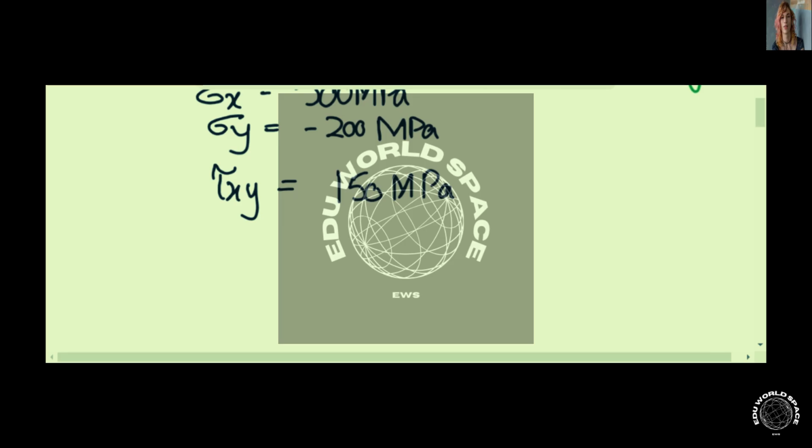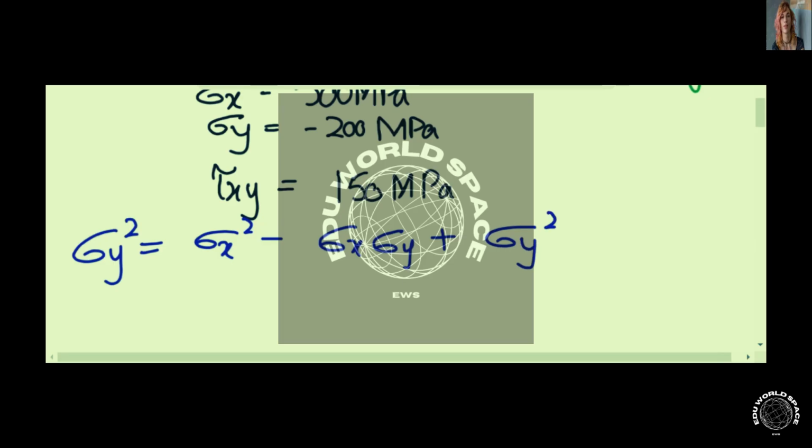We are going to plug this into what we found in problem 10.59, right? So that is simply sigma sub Y squared is equal to sigma sub x squared minus the product of sigma sub x and sigma sub y, plus sigma sub y squared plus 3 times tau sub xy squared, right? So just plug in the values.